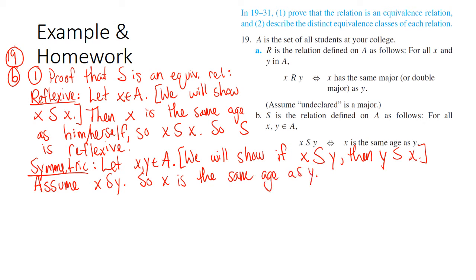Okay, well, if x is the same age as y, then y is the same age as x. So I've basically just swapped the order of them, so that tells me that y is related to x by S. Okay, so that's all you need to show that S is symmetric.